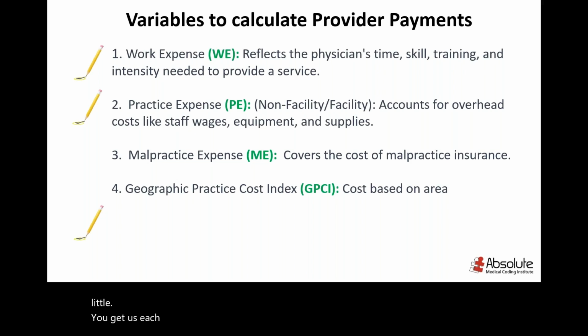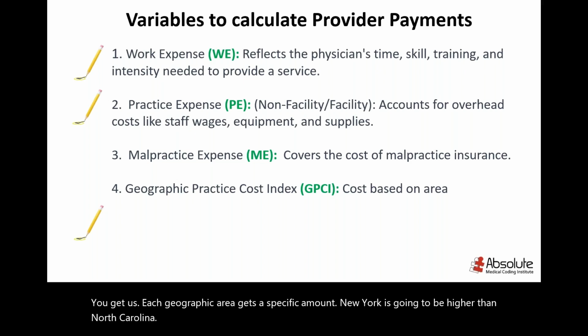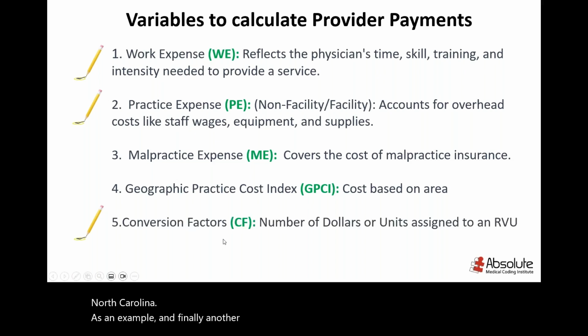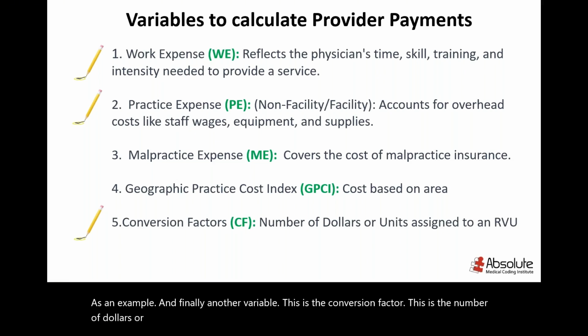Each geographic area gets a specific amount. New York is going to be higher than North Carolina, as an example. And finally, another variable. This is the conversion factor. This is the number of dollars or units assigned to an RVU.